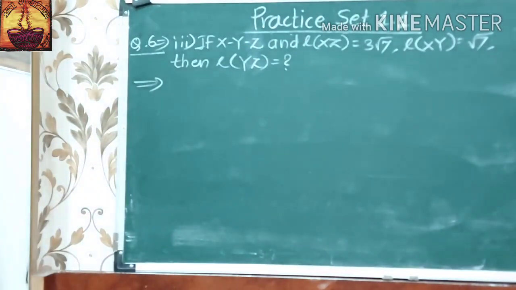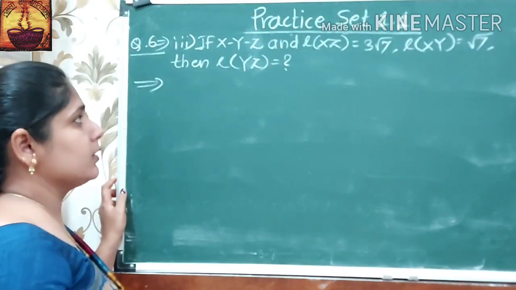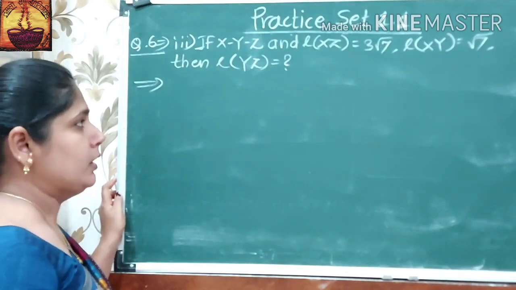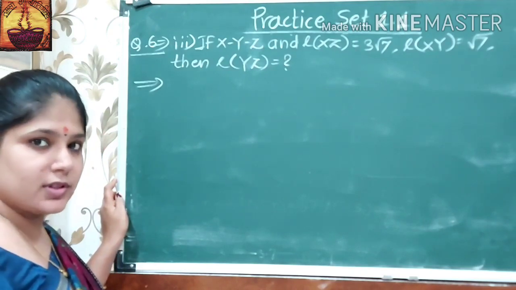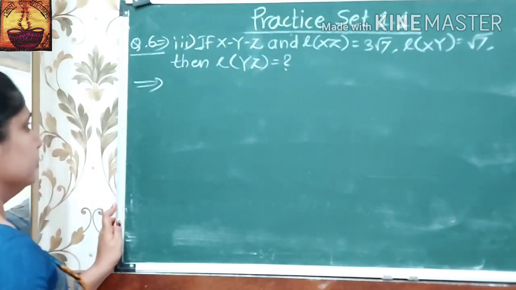Now, the third question is: if X-Y-Z and length XZ is equal to 3 root 7, length XY is equal to root 7, then find length YZ.